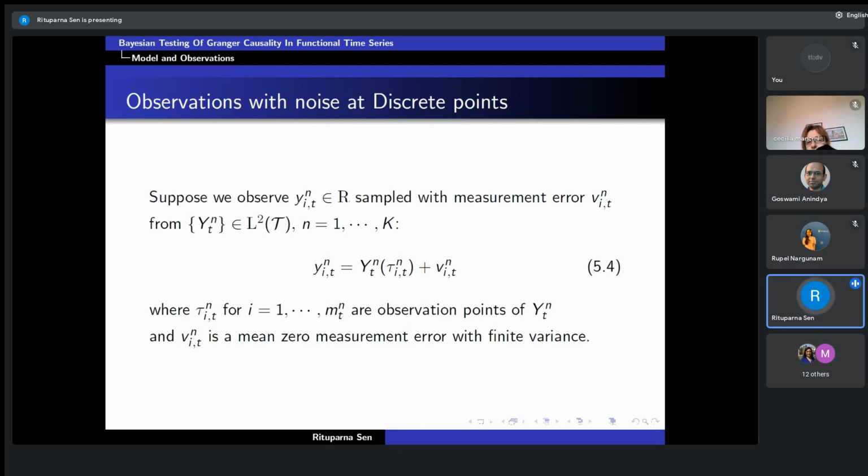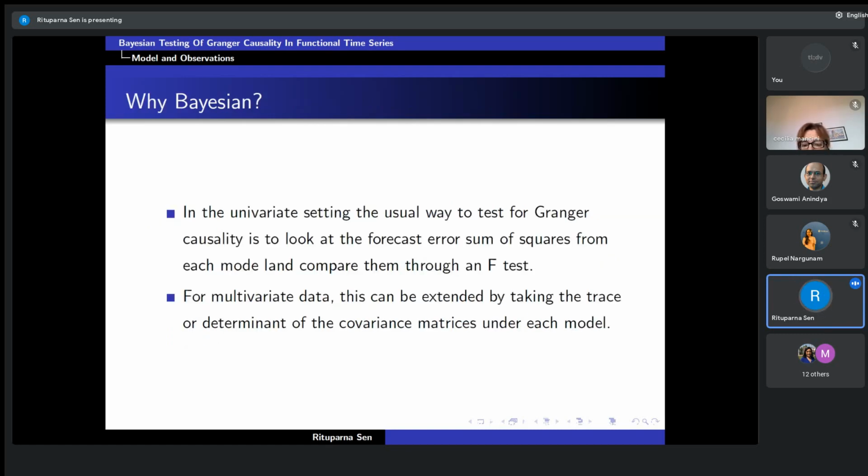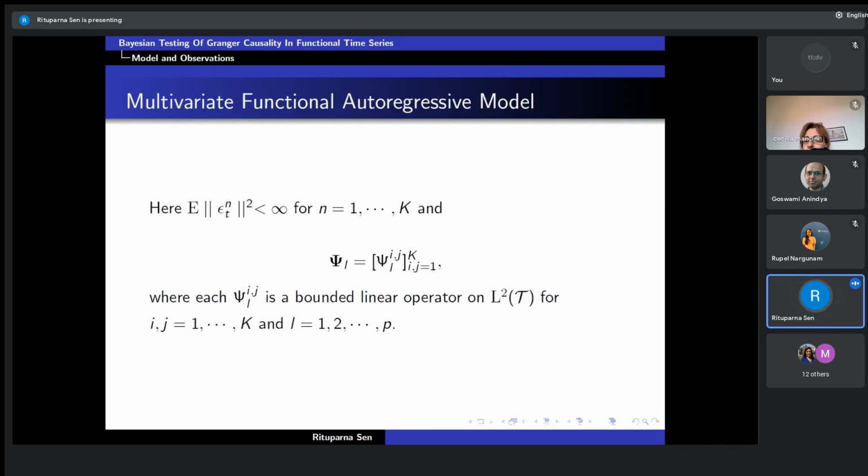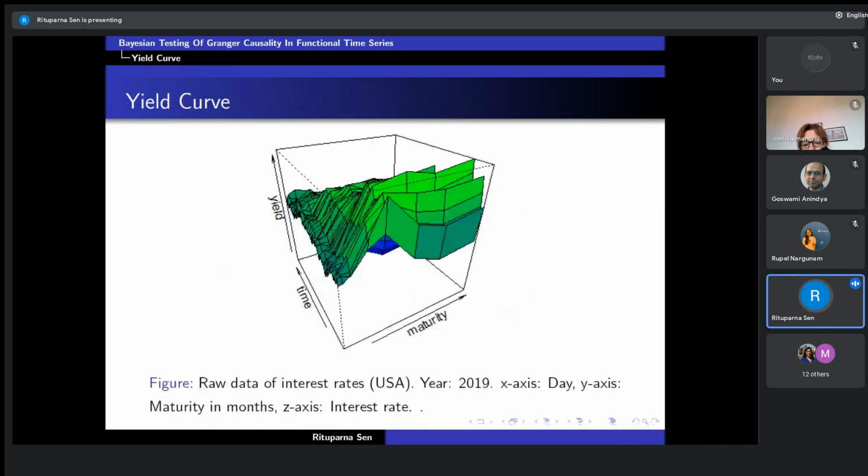Each of them, or together, they are functional time series. So in the usual univariate setting, and this is where I said in the very beginning, motivating why I had to go Bayesian, the usual way of testing Granger causality is you look at the forecast sum of squares error from each model, and compare them through an F test.